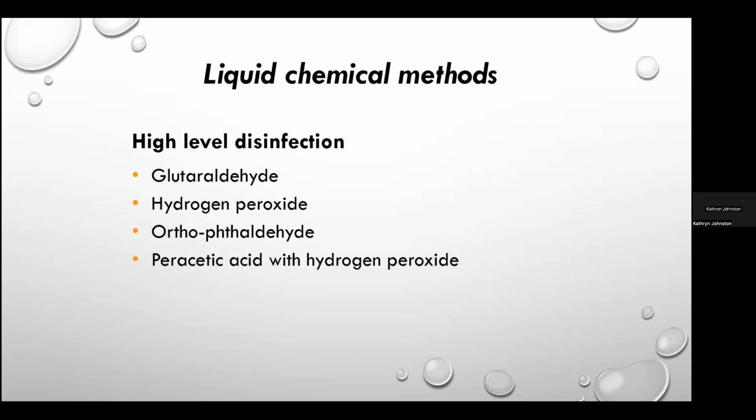The principal disinfectants used in the hospital area are orthophthalaldehyde, glutaraldehyde, which is now more frequently being replaced with orthophthalaldehyde, hydrogen peroxide, peracetic acid, phenols, and quaternary ammonias. It's important to note that not all disinfectants are available in all countries.